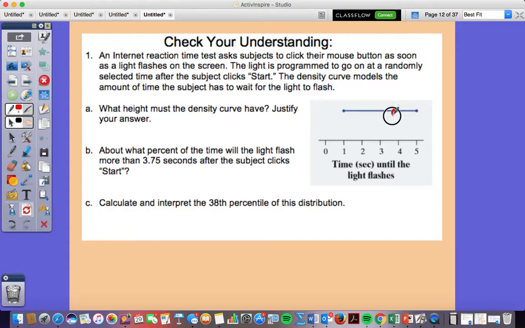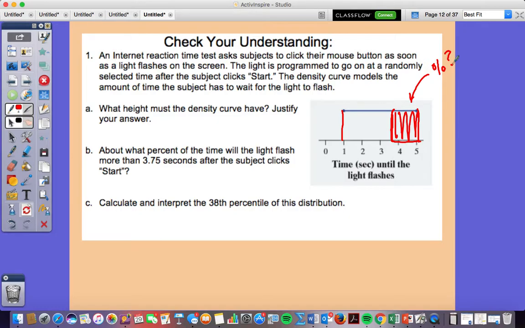So when I look at this, that's why drawing, for me, I have to be visual with this. When I look at 3.75, it's about right there. And it's saying what percentage would fall that's greater than, or in that area. So based upon that, since the area is 1, I'm trying to figure out what percentage of that 1 falls between 3.75 and 5.